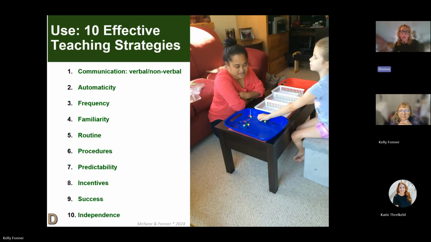And in this photo, you see a young girl who's blind with a tutor, and they're using all these tools of automaticity, frequency, familiarity, routines, procedures, and predictability to develop her ability to discriminate tactile items and get ready for Braille.